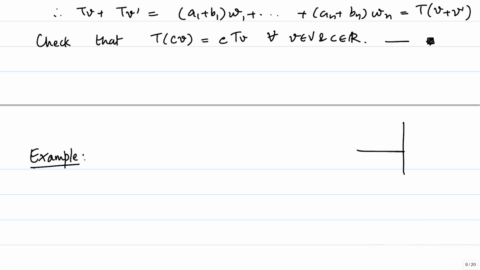You take a vector V, and a rotation by theta in the clockwise direction will be something like this. If this is V, this vector is going to be R of V, the rotation around the origin, right? So you would like to define this map very rigorously.